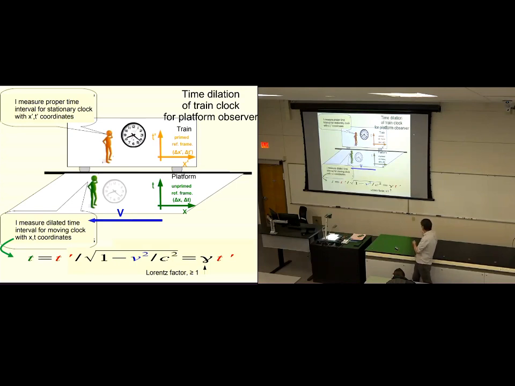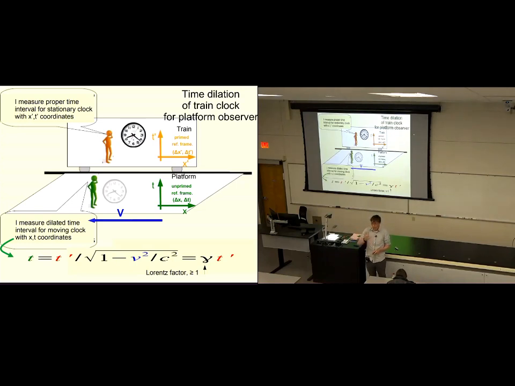We give it a symbol. This symbol gamma here is called the Lorentz factor. 1 over the square root of 1 minus v squared over c squared is the Lorentz factor. It is 1 or bigger. It's 1 if v equals 0.